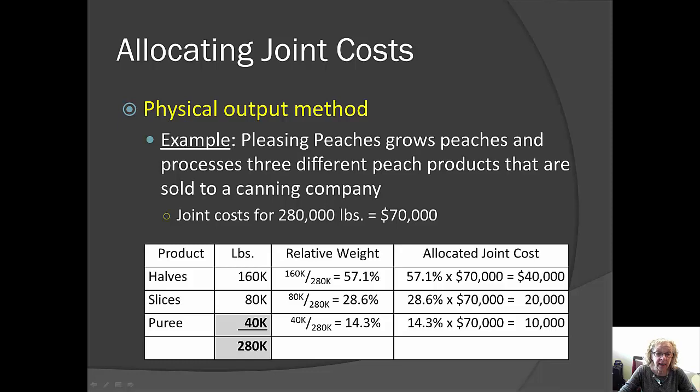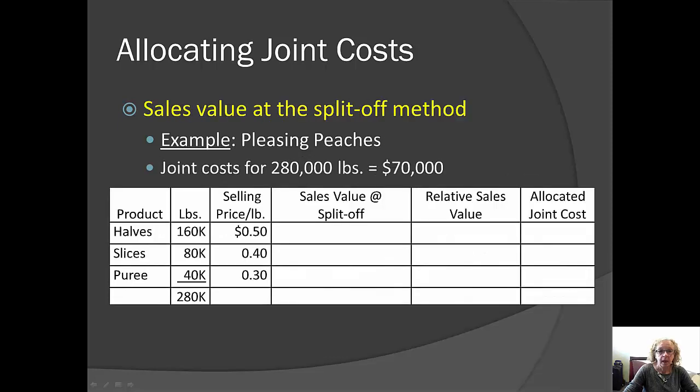It is only 14.3% of the total weight, so it is assigned 14.3% of the total joint cost. Now that we're finished allocating, we can check our work, and we see that we've allocated 100% of the relative weight and assigned all $70,000 of joint cost to our products.